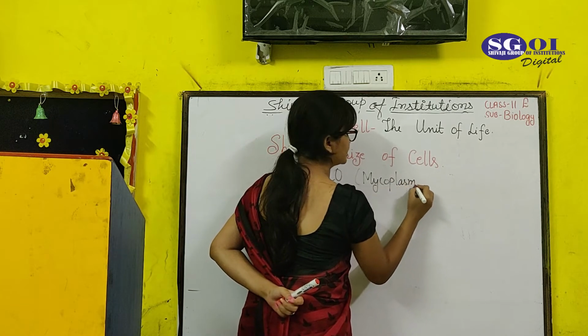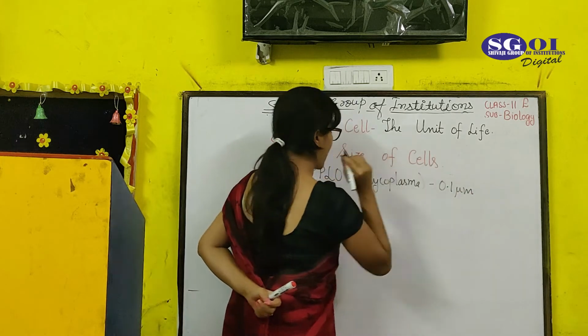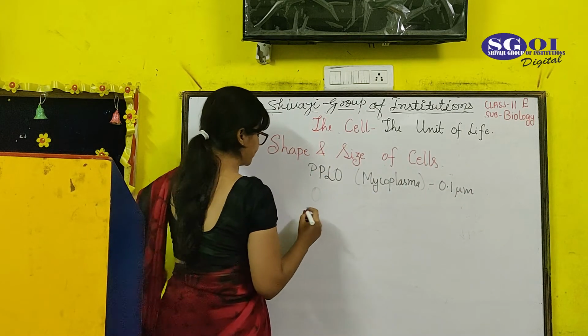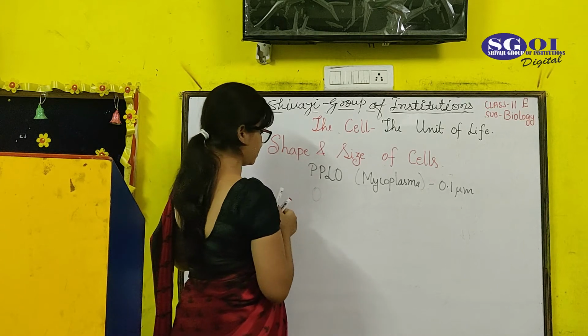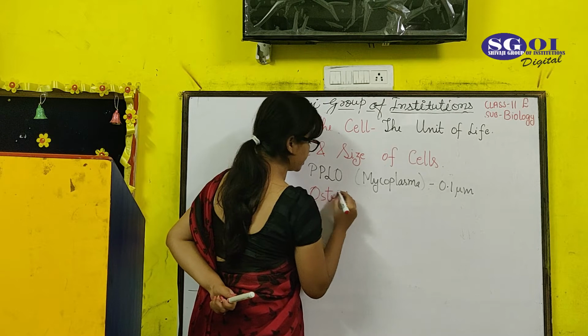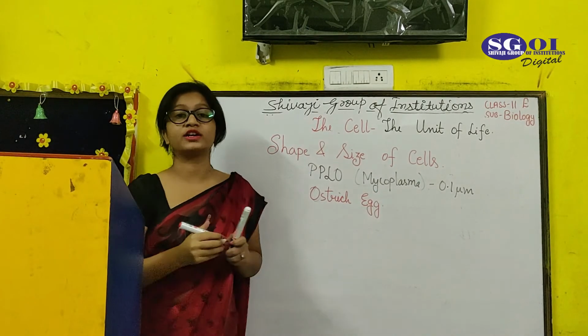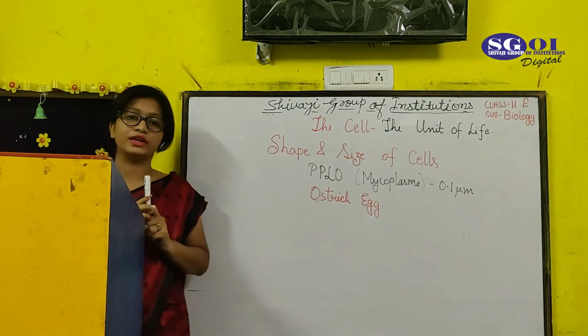Its size is 0.1 μm, and the largest cell is the ostrich egg. The ostrich egg cell is the largest cell of the world found till date.